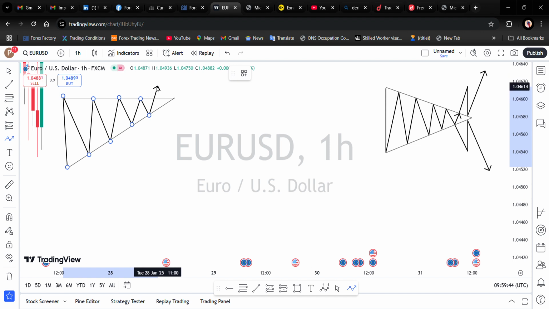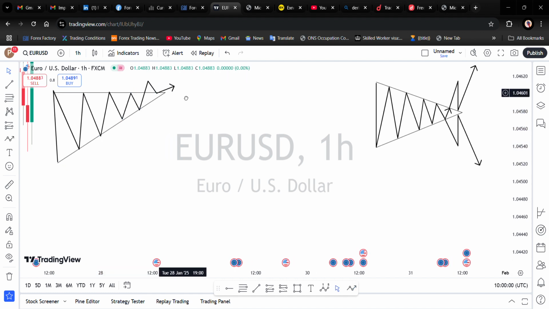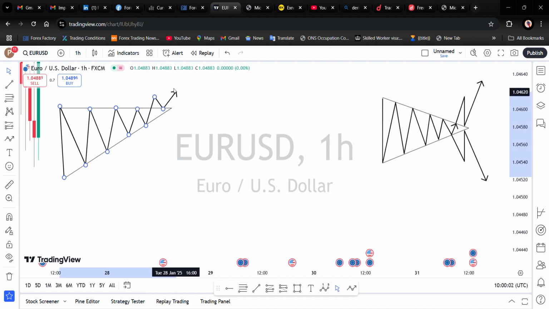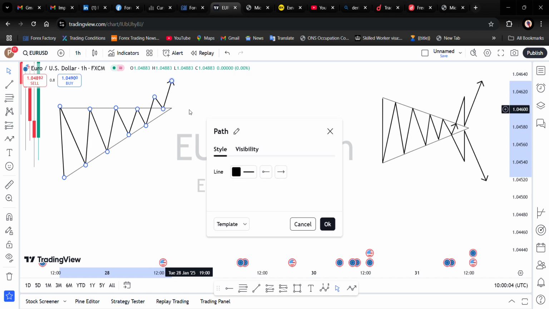Mostly an ascending triangle breaks at the resistance zone, because the buyer has more potential and more strength in pushing prices. At that point, it breaks, retests, then keeps buying. Did you get this? And then keeps buying.